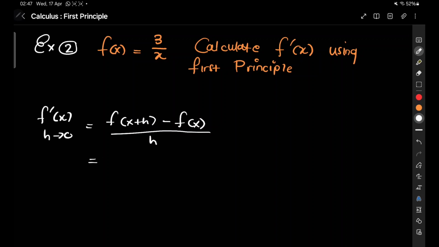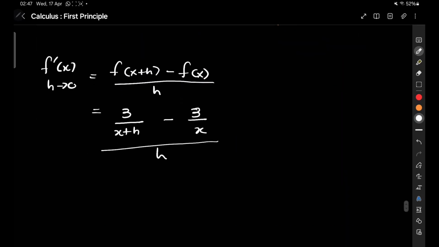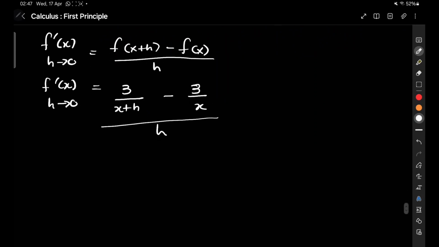So now, the only thing you need to do is substitute x plus h where there's x. So here it will be 3 over x plus h minus 3 over x, all that over h. And let's not forget to carry this throughout the whole time until we substitute h at the end.